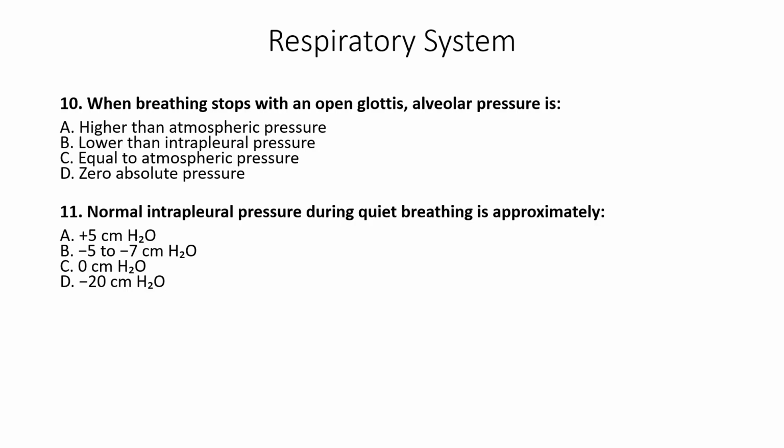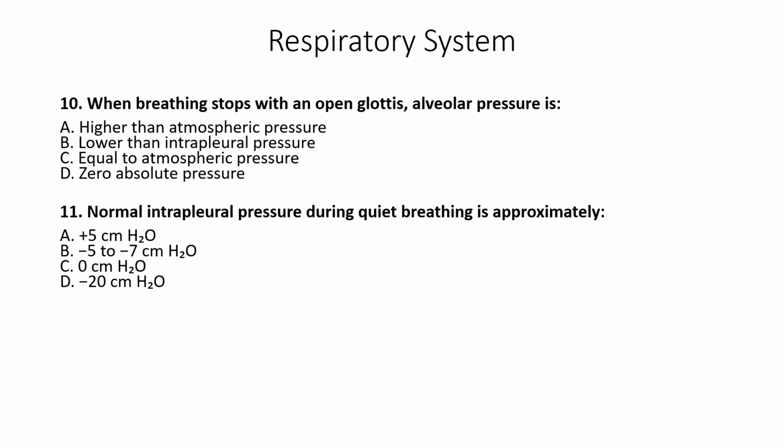So the answer here is actually option B, which is -5 to -7 cm H2O. That's the pleural pressure. So why is it negative, right? It's negative because if you look at the lungs, when they recoil inwards, the chest wall will pull them outwards.